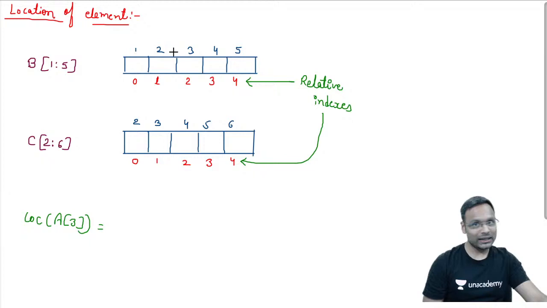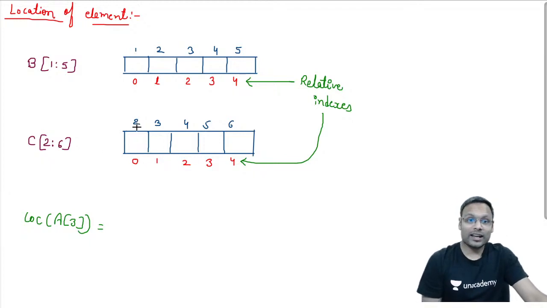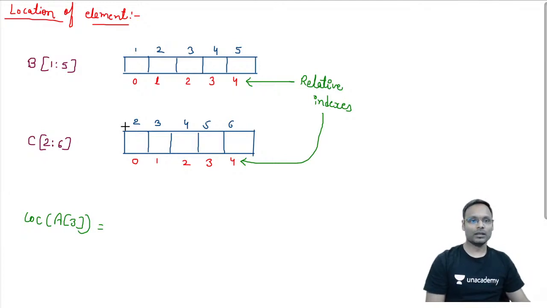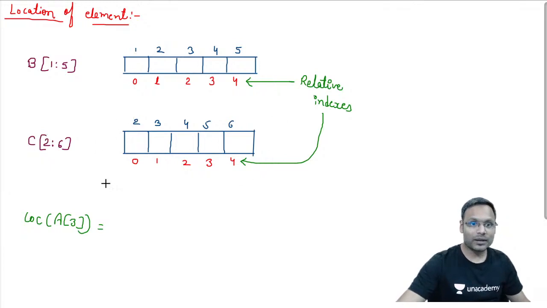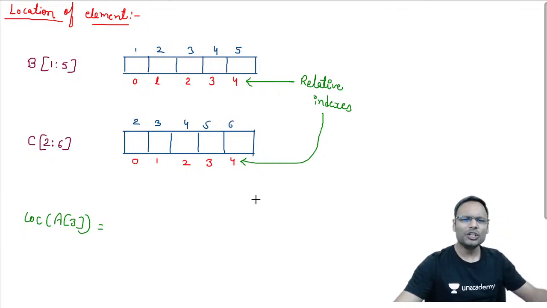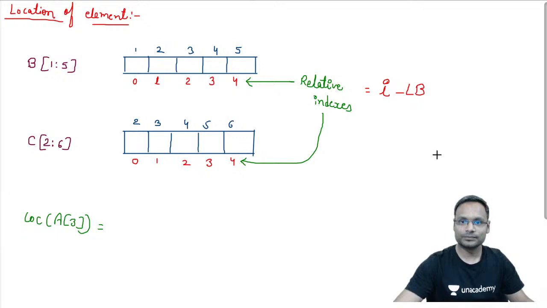If I subtract 1, yes, but here subtracting 1 will not work. Why? Because here I'll have to subtract 2. If you have another array with lower bound, starting index 3, then I'll have to subtract 3. So it's ultimately very simple: relative index is nothing but the original index minus lower bound. Try it and you will understand.